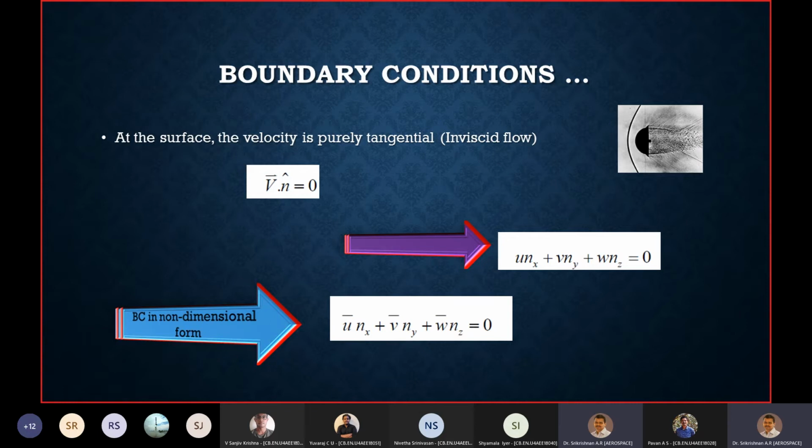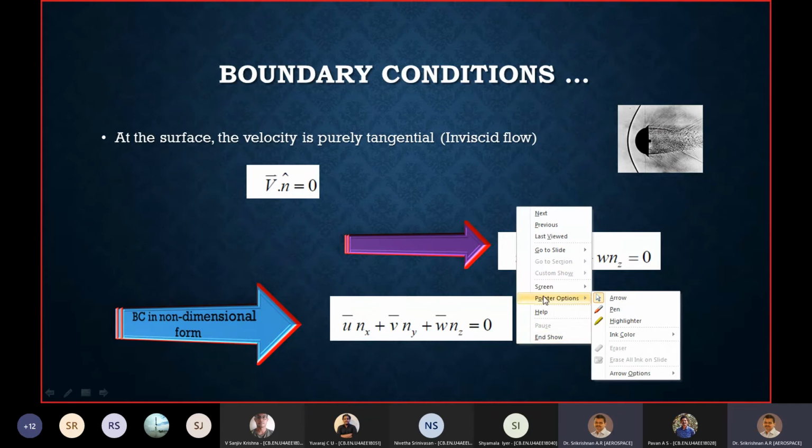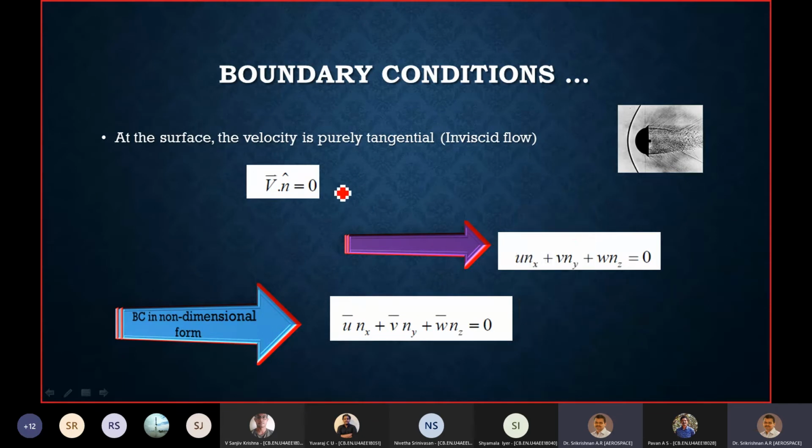We can write it as u nx plus v ny, etc., as shown here. So this is equal to zero at the surface.